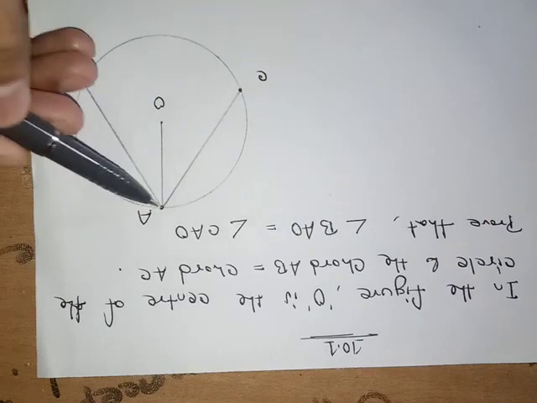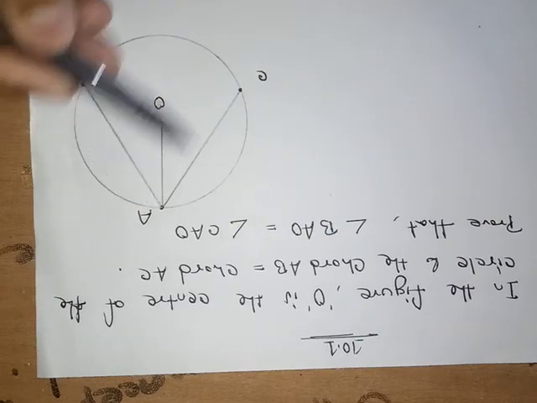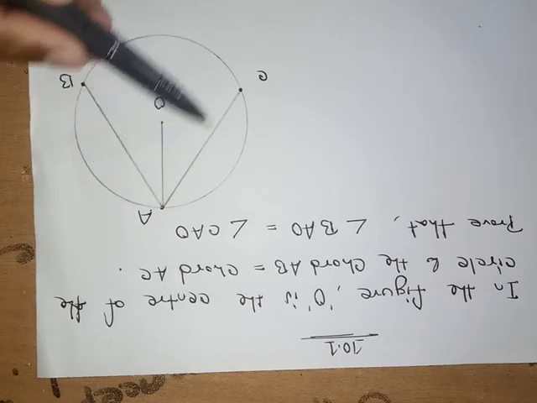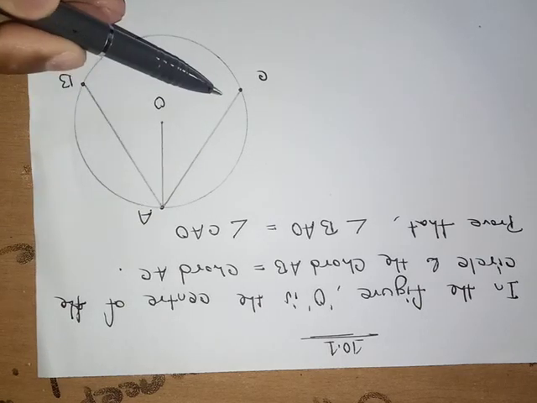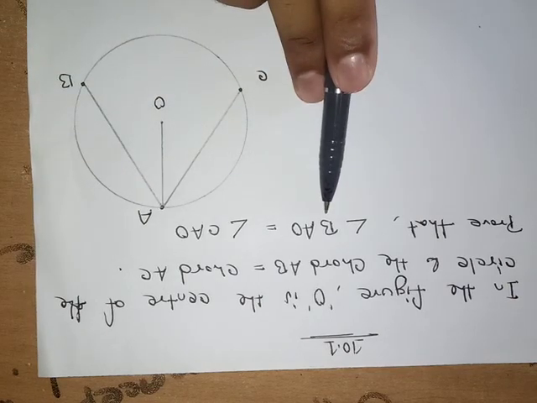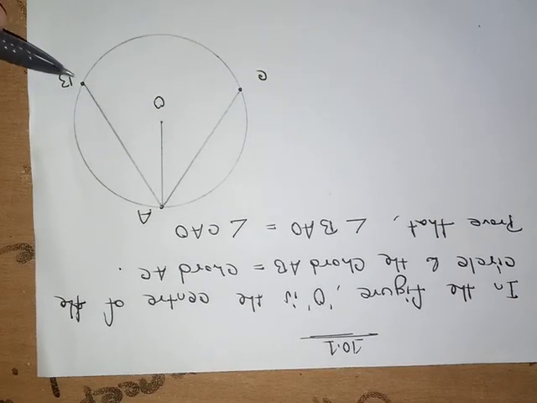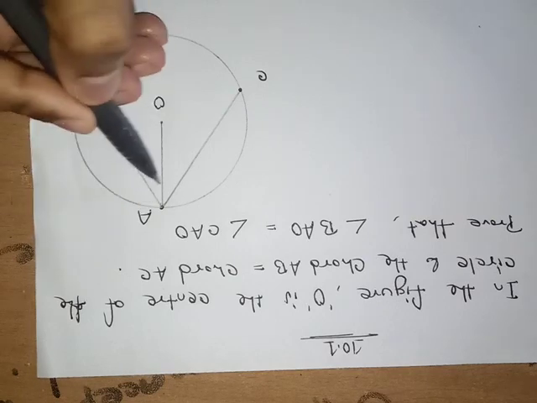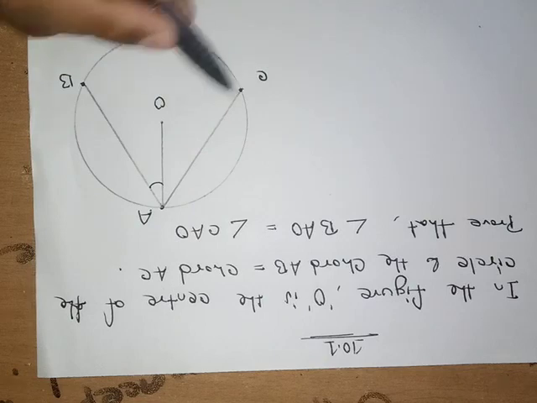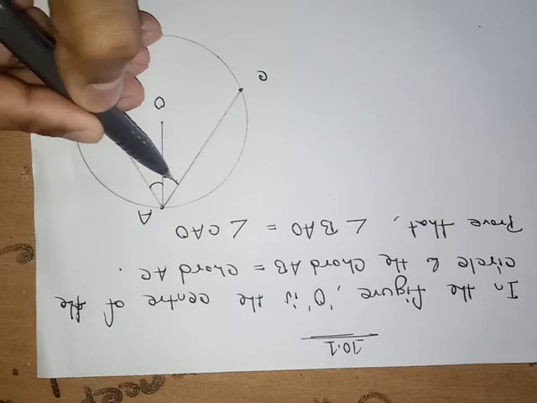Chord AB is equal to chord AC. That means this chord is equal to this chord. AB is equal to AC. We have to prove that angle BAO, this angle, is equal to angle CAO, this angle.